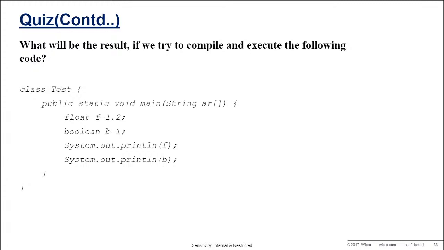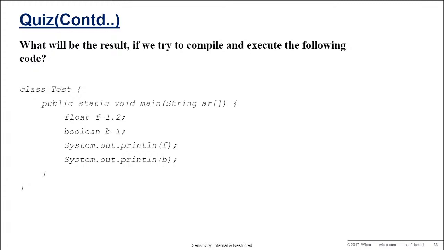So if you directly give float f equal to 1.2, there will be a compilation error, because 1.2 is treated as a double value, but you are trying to accommodate it into a float variable.